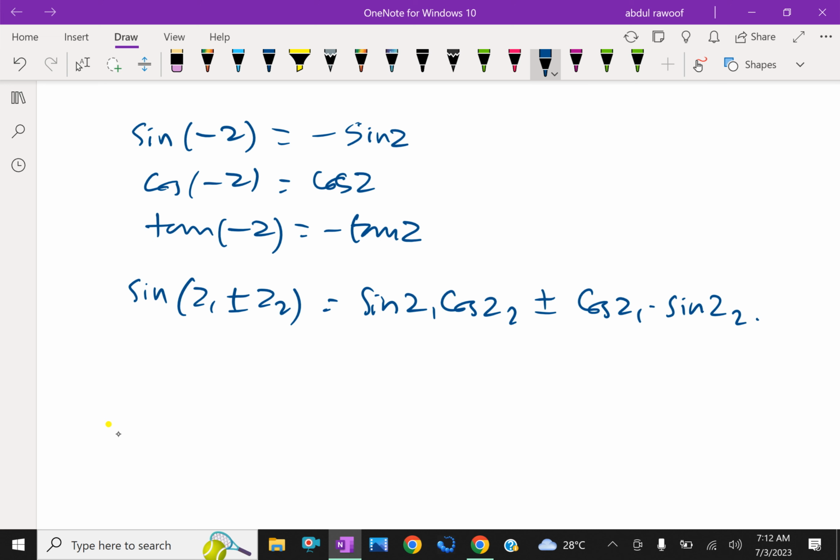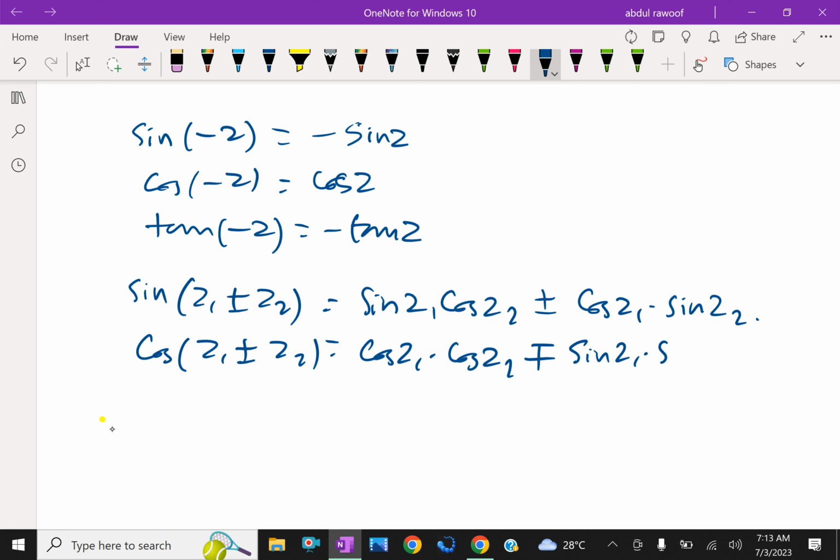Same for cos of z1 plus or minus z2 equal to cos z1 cos z2 minus or plus sin z1 sin z2.